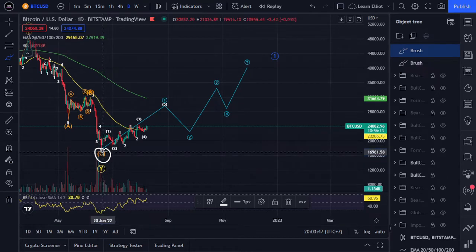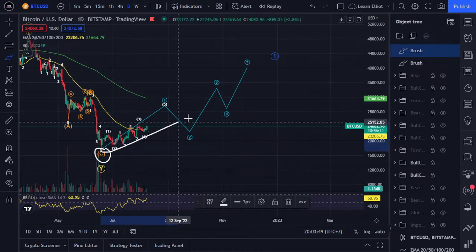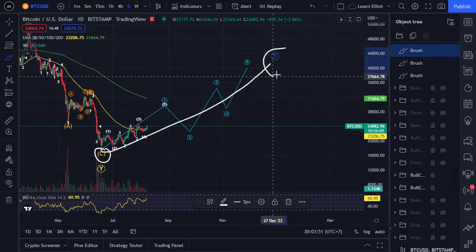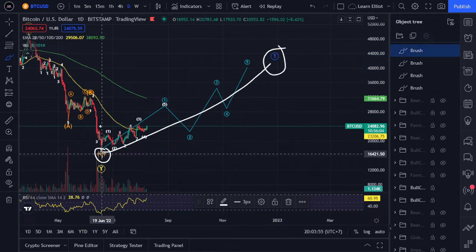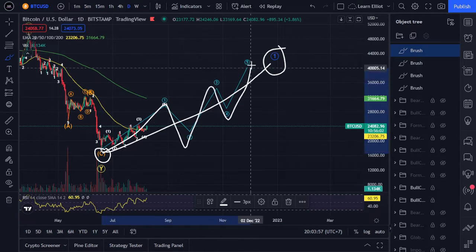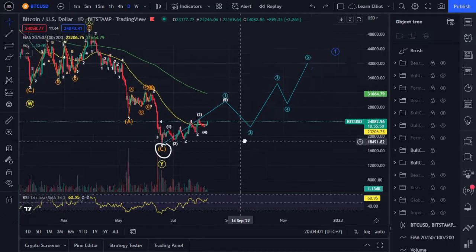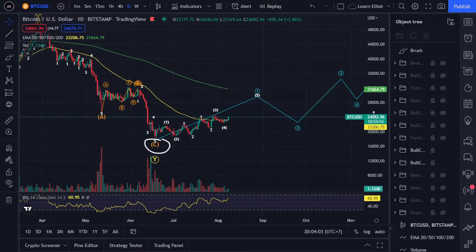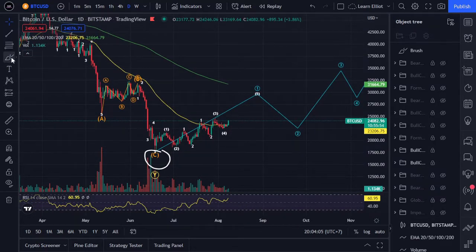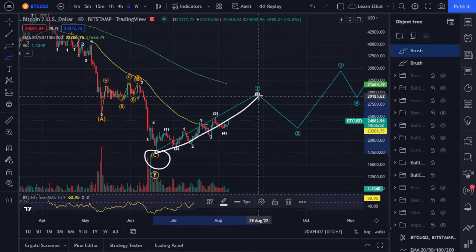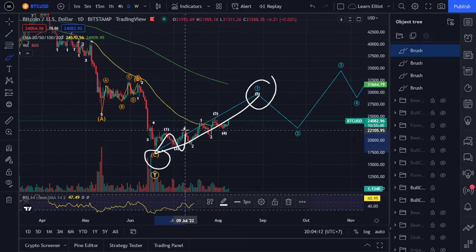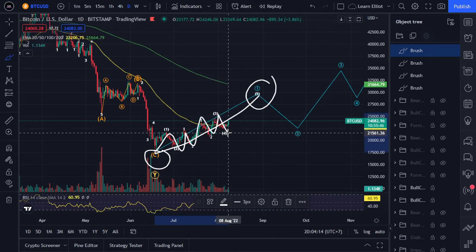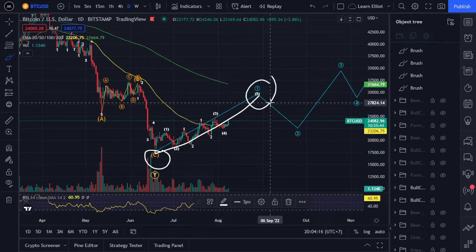Now we are going to make our first impulse to the first wave around here, which concludes with a 5-wave impulsive movement. And here we are still going in the first wave of this impulsive movement, which has already formed a pattern 1 2 1 2 1 2 3 4. Now we are going to the fifth wave here.